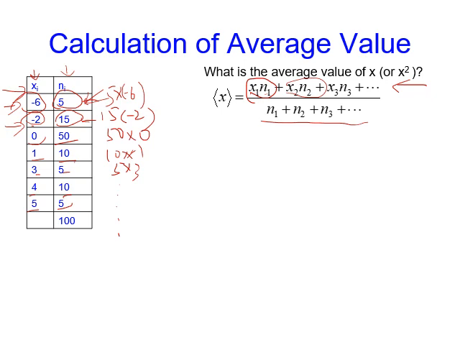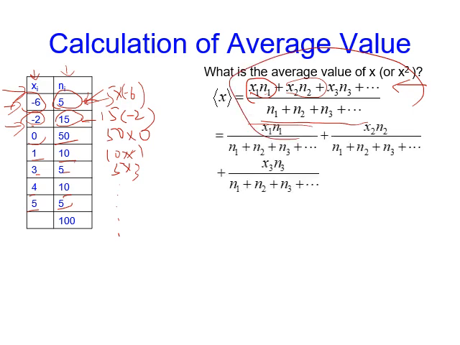Now in mathematics, this equation you can separate into many individual terms. So this can be x1 n1 divided by the total number of students, and then x2 n2 divided by the total number of students, and then x3 n3 divided by the total number of students. So you add all the individual grades times numbers of students, divided by the total number of students.